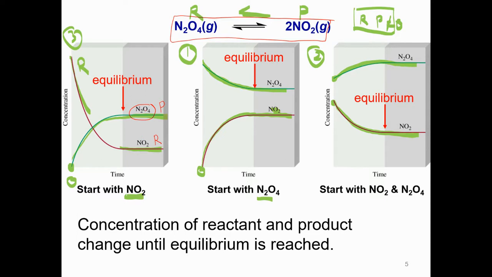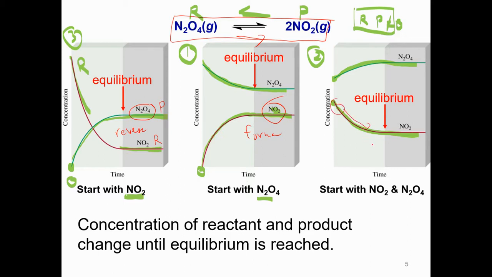In this case, it is going reverse. It favors the reverse reaction. For this case, NO2 increases, so it means going forward. Then this one, NO2 decreases.